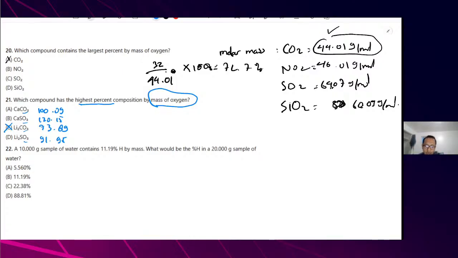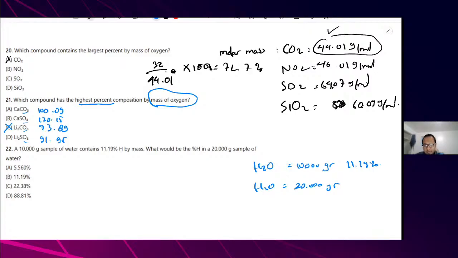And then remember that H2O in 10.00 grams is only 11.19%. How about if H2O is 20.00 grams? How much percentage?